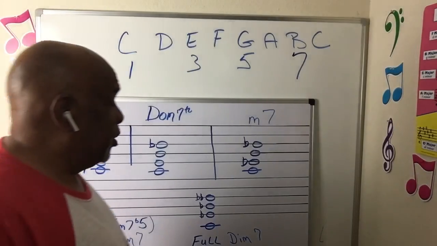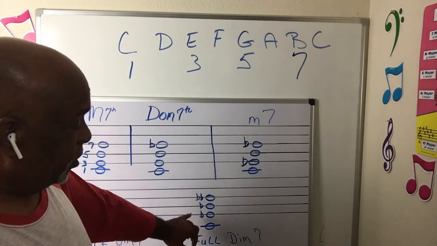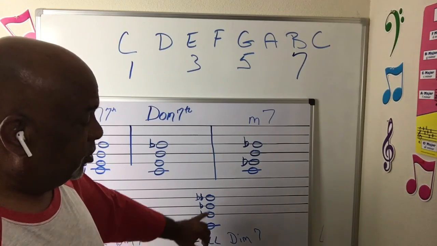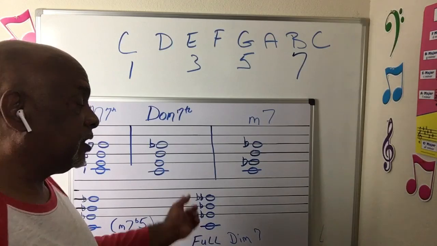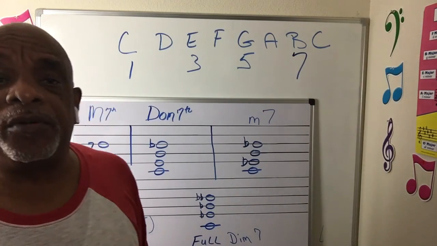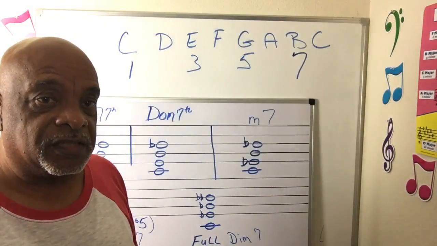Now, in order to get a full diminished 7, you lower the 3rd a half step, you lower the 5th a half step, but when you get to the 7th, you have to double flat it. We're going to get to double flats a little later.